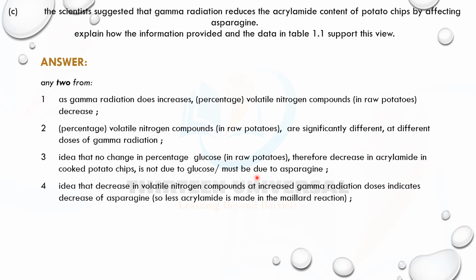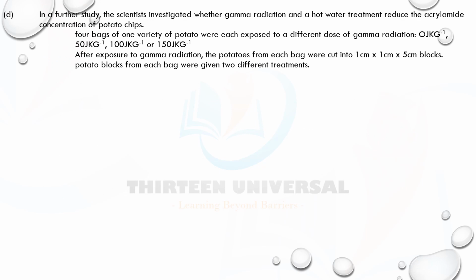The decrease in volatile nitrogen compound at increased gamma radiation doses indicates a decrease of asparagine, so less acrylamide is made in the Maillard reaction. So we're connecting it to the beginning background information. That means as this decreases, the acrylamide produced will also decrease. Okay, let's move on to the next question.